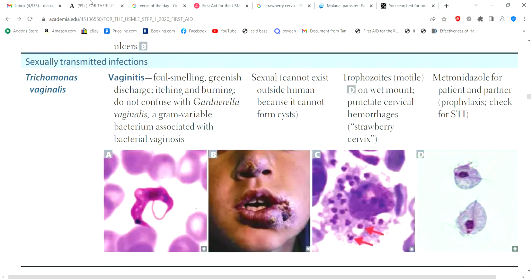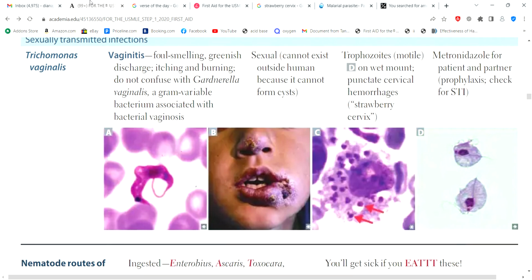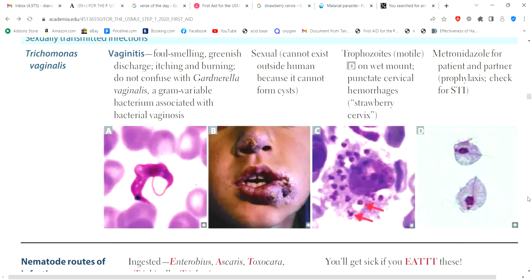So D is trophozoites moving on wet mount. Trophozoites of Trichomonas vaginalis moving on the wet mount. I'm going to make a note of that. The pictures are very important to be familiar with.